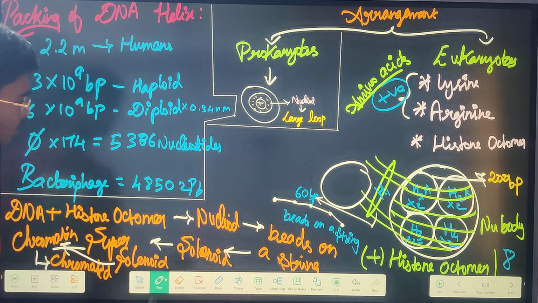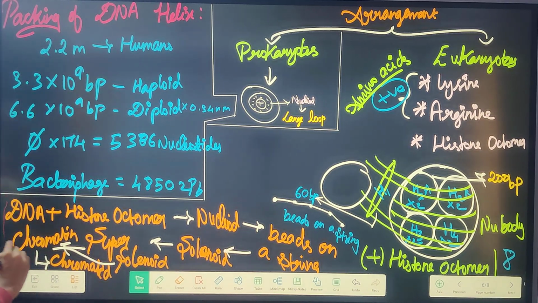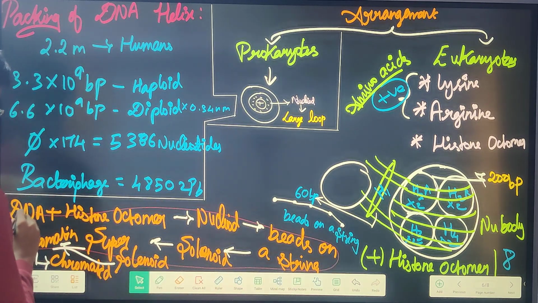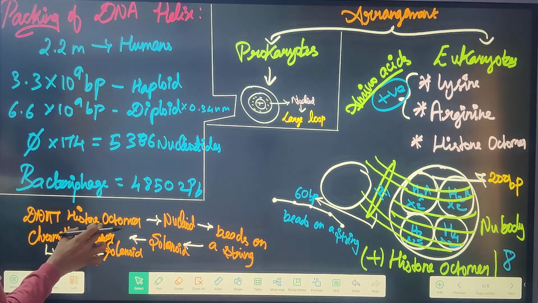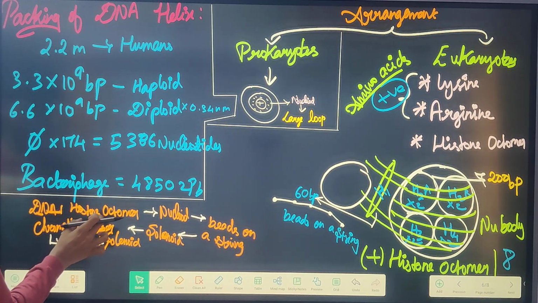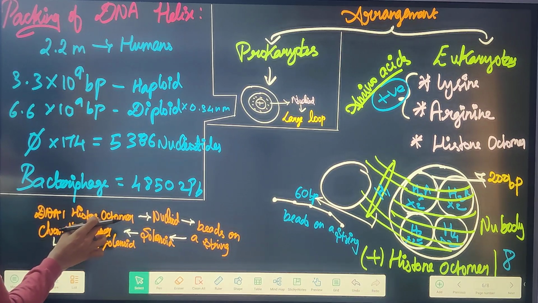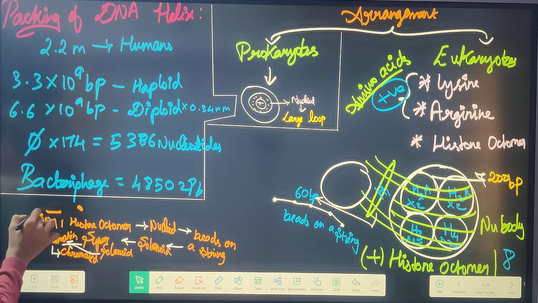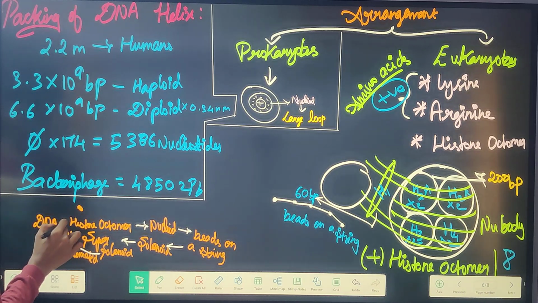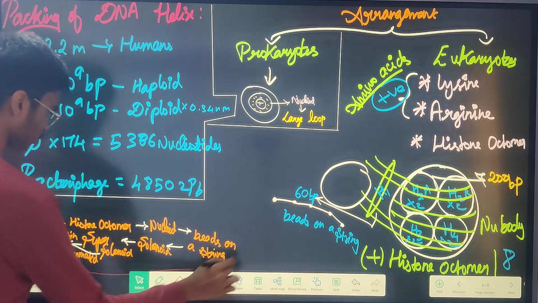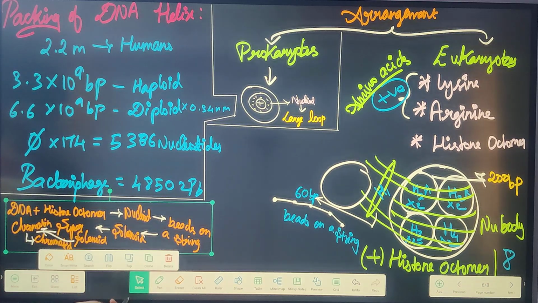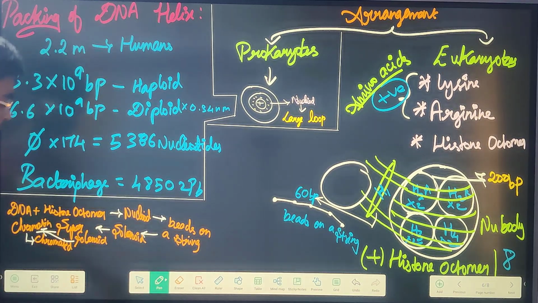Then only it will form chromosomes. So this DNA and this chromatin will then form chromosomes.